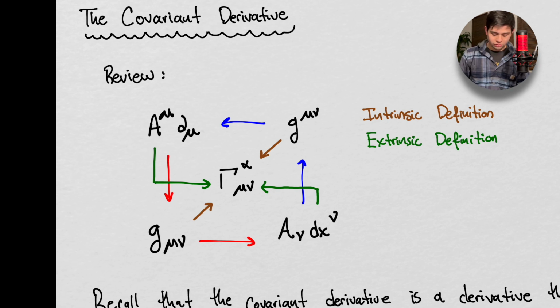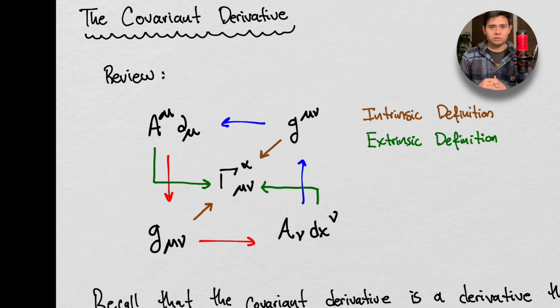The intrinsic definition, recall, used the metric, which is intrinsic to the manifold itself, and that's all we use to define this affine connection. So we can define it intrinsically in terms of the metric, or extrinsically in terms of acceleration vectors.